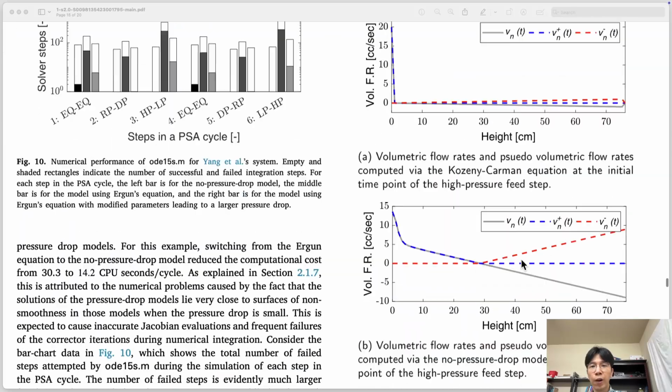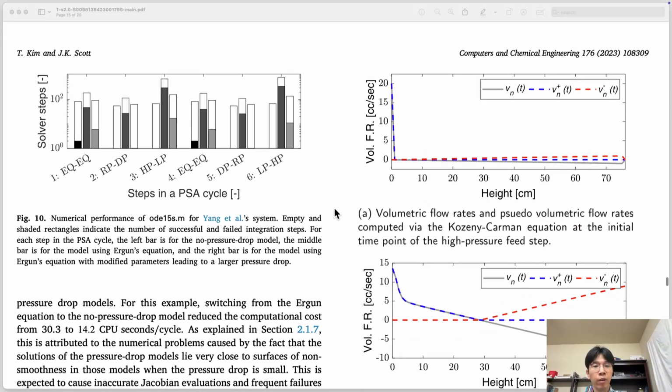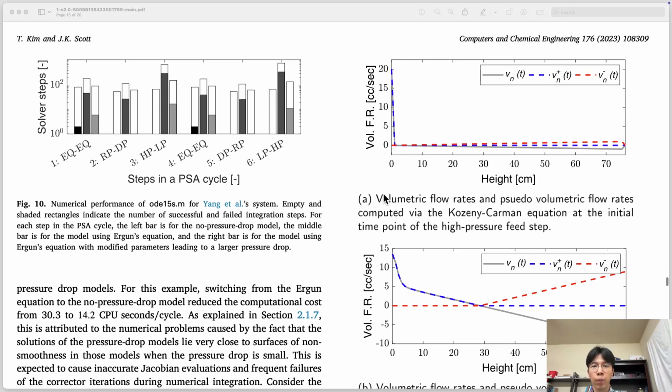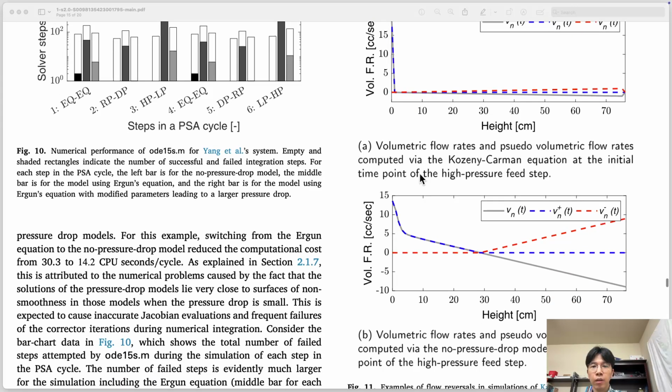So that's why our toPSAil is more robust. We designed our model to be robust against flow direction change because we used the notion of pseudo-volumetric flow rates. By using the notion of pseudo-volumetric flow rates, you can see that when there's a negative flow rate, like flow reversal happening here, the negative pseudo-volumetric flow rate becomes positive, but then your positive pseudo-volumetric flow rate becomes 0.